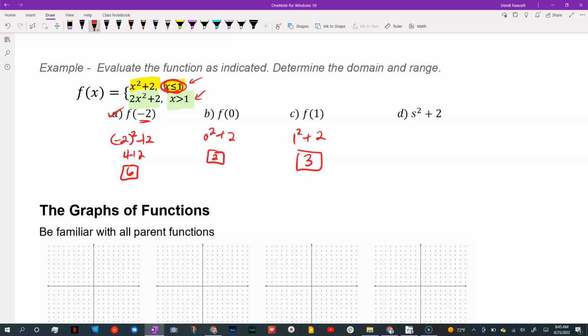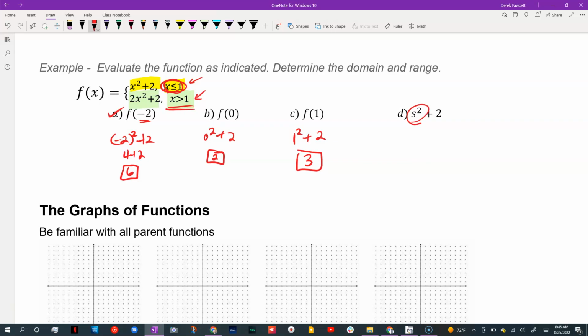Now, on the last one, the tricky part is which one are we going to be using? Well, we are going to be using the second portion because whenever you square something and add 2, no matter what you're squaring, you're always adding 2. When you square something, it's always going to be positive. So whenever you add 2 to that, it's going to be a number that is greater than 1.